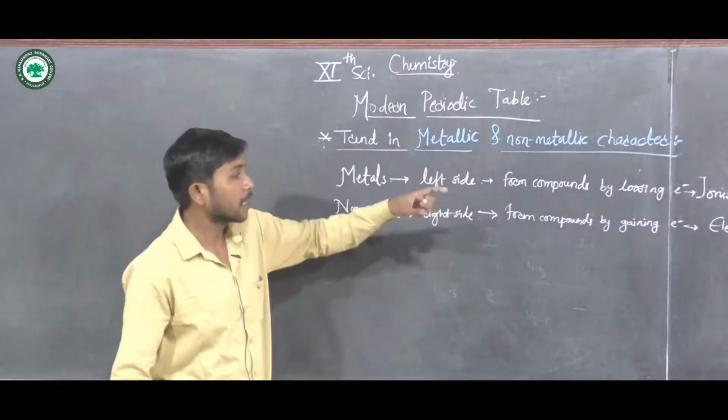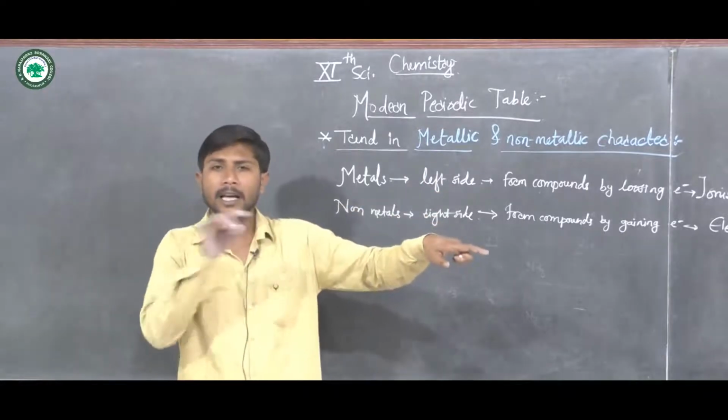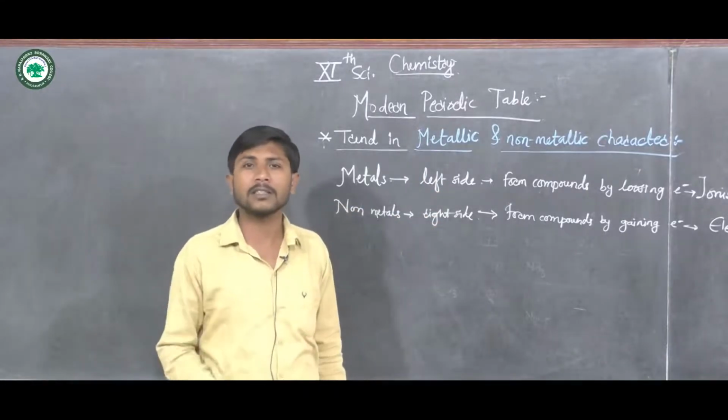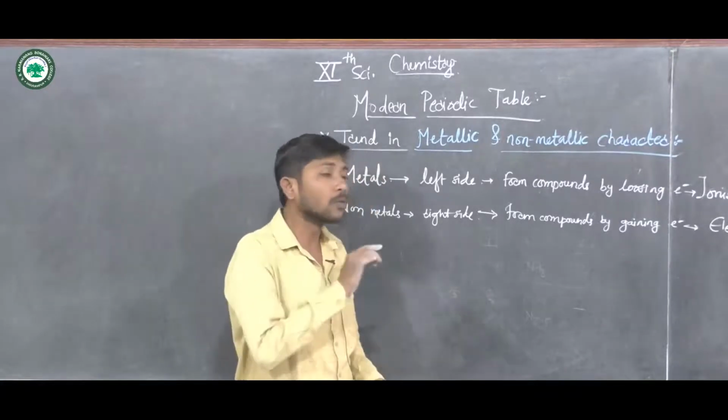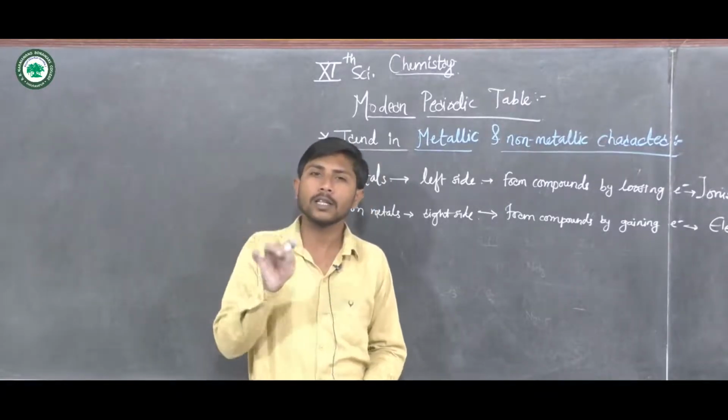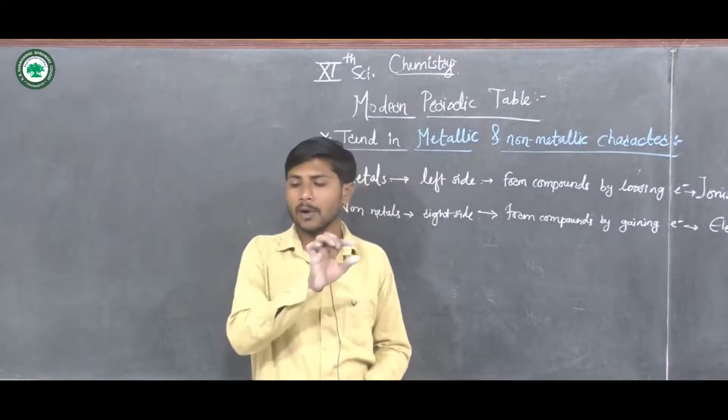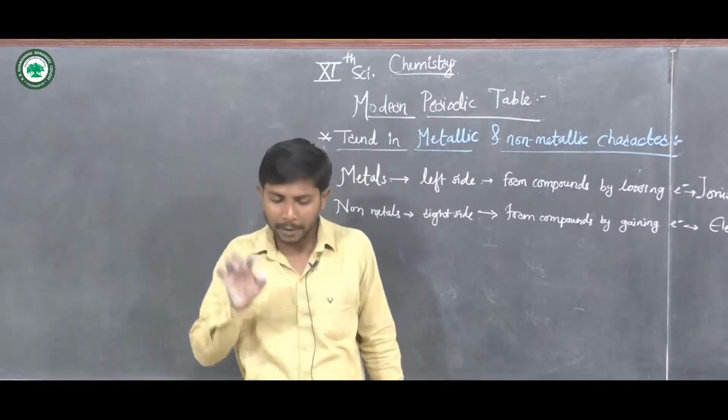The ionization enthalpy across the period goes on increasing, meaning it is much harder to remove or lose the electron from the outermost orbit while going through the period. Why?